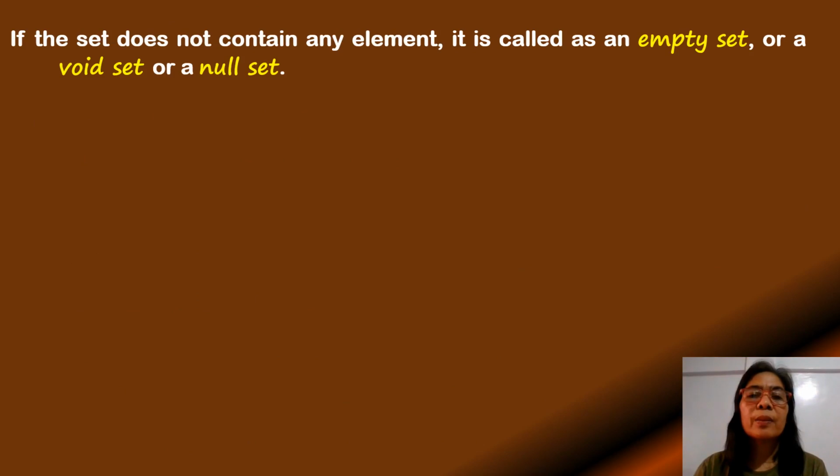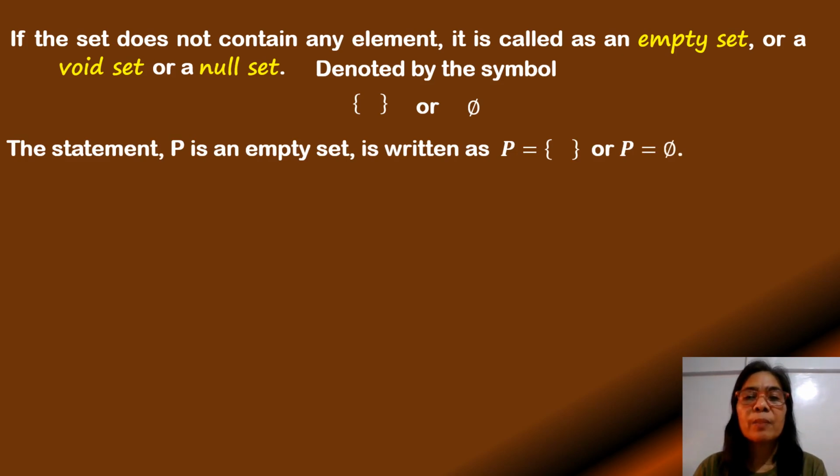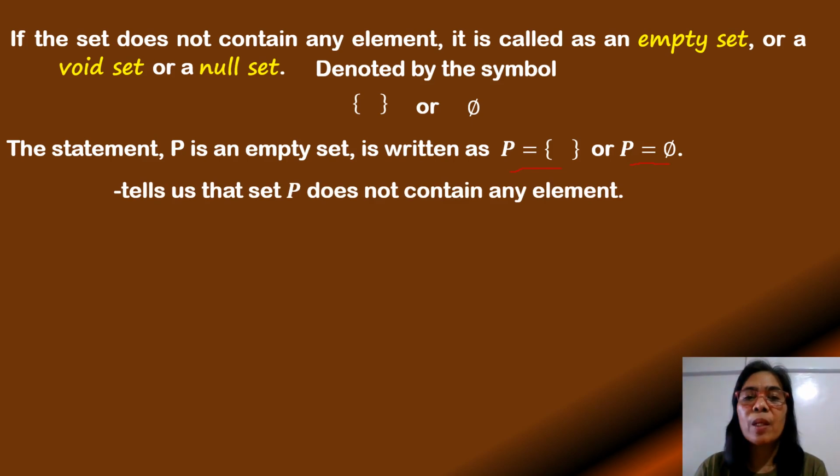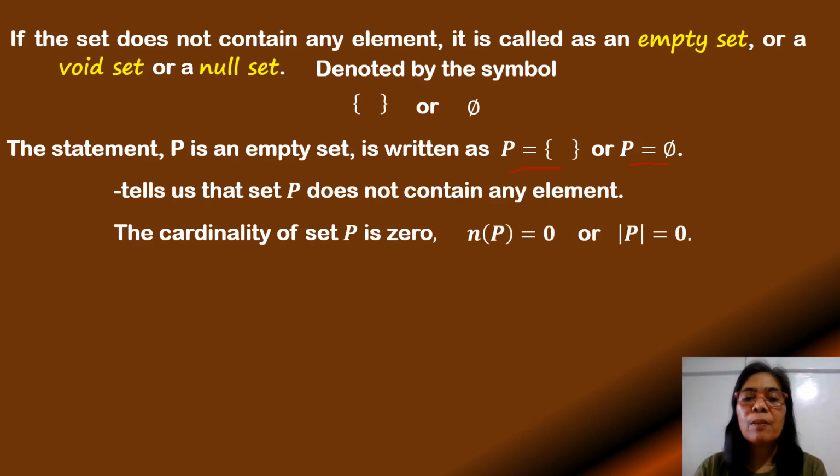If the set does not contain any element, it is called an empty set or a void set or a null set. And it is denoted by this symbol, pair of braces, or the Greek letter phi. The statement P is an empty set is written in symbol as, so we read this one as P is an empty set, telling us that there is no element inside the set, and that its cardinality therefore is equal to 0.